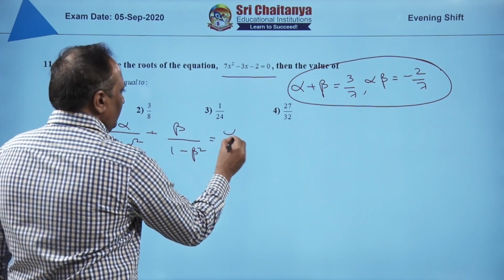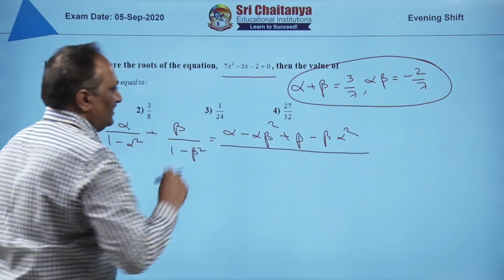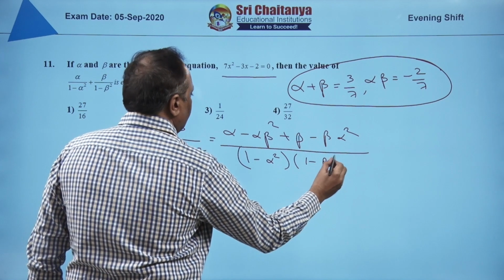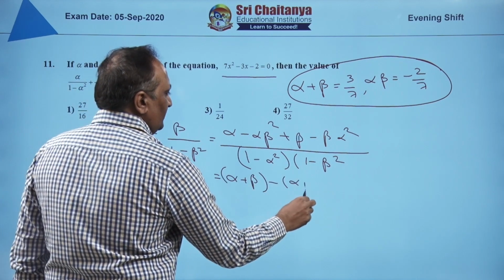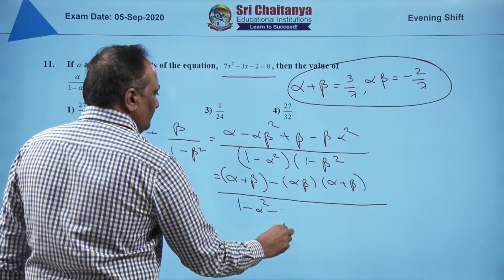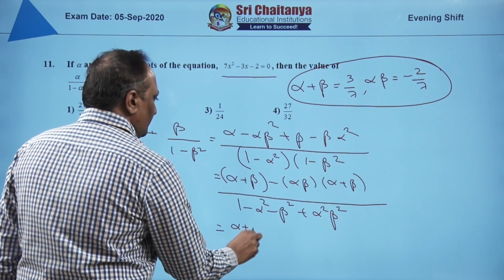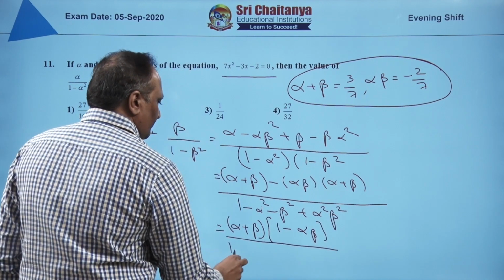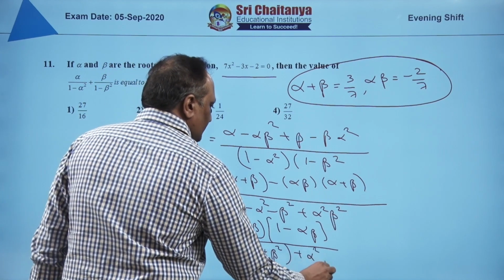This is nothing but alpha minus alpha beta square plus beta minus beta alpha square, by multiplying both of them in the denominator, 1 minus alpha square into 1 minus beta square, that is nothing but alpha plus beta minus alpha beta common in these two, again alpha plus beta, by 1 minus alpha square minus beta square plus alpha square beta square, that is nothing but alpha plus beta common factor, in this 1 minus alpha beta, by 1 minus of alpha square plus beta square, you can simplify that easily, plus alpha square beta square.